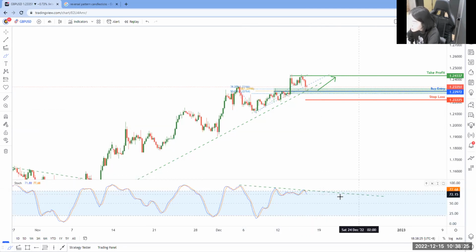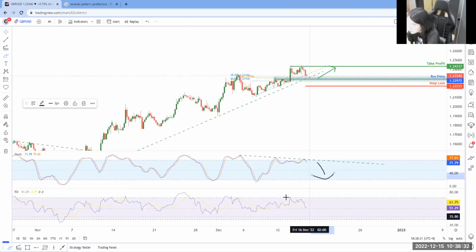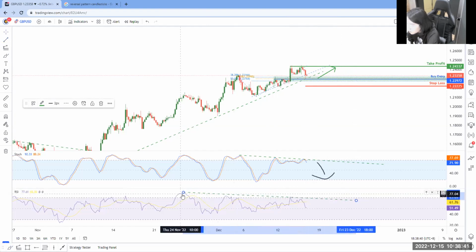That means stochastics is telling us there's a possibility that the trend might reverse. Okay, let's see what RSI is saying. Similarly to stochastics, there is a bearish divergence here.